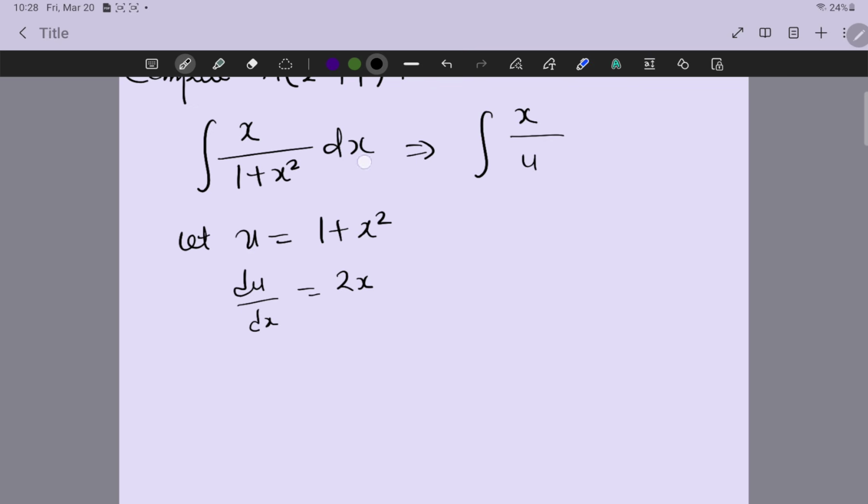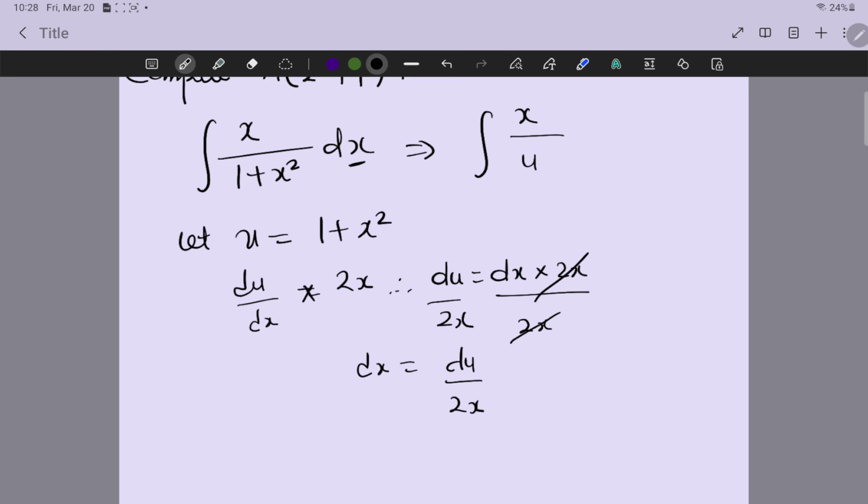Because you want to write dx now, I'm going to make dx the subject of the formula. du is equal to dx times 2x, so divided by 2x, this cancels this. I'm going to have dx is equal to du over 2x.